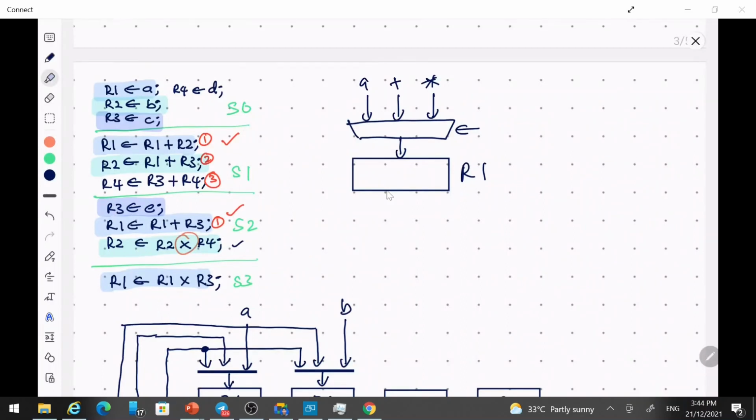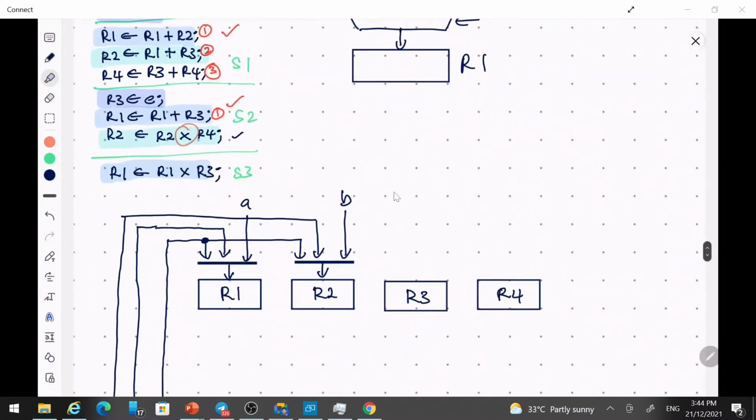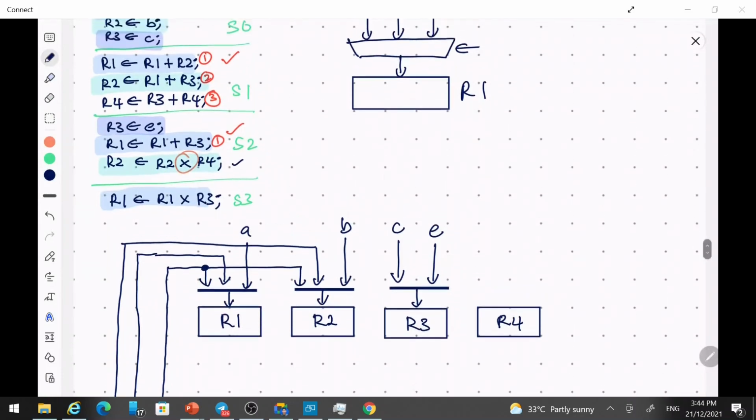So this is easy, where we can have a multiplexer also, but it is a 2-to-1 multiplexer because we have only two inputs. One is from C, another one is from E. Okay, that's it for R3.